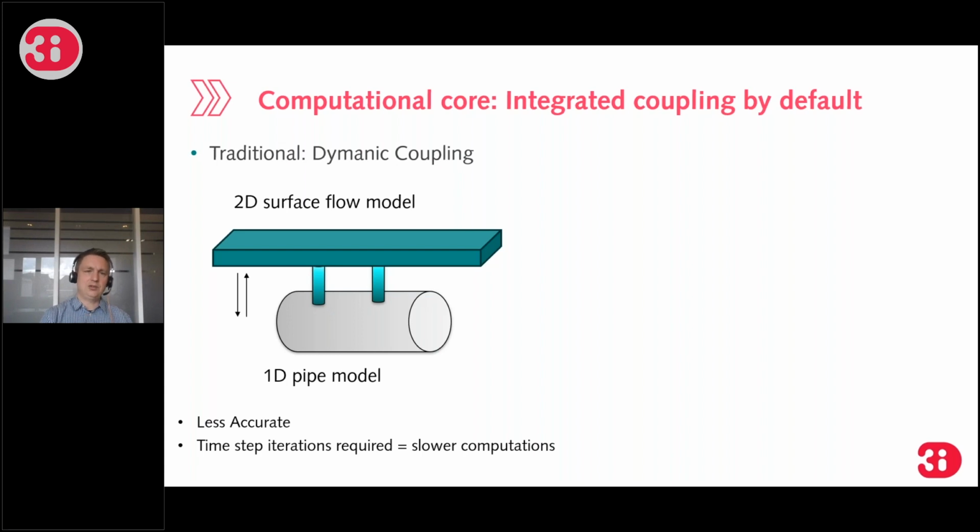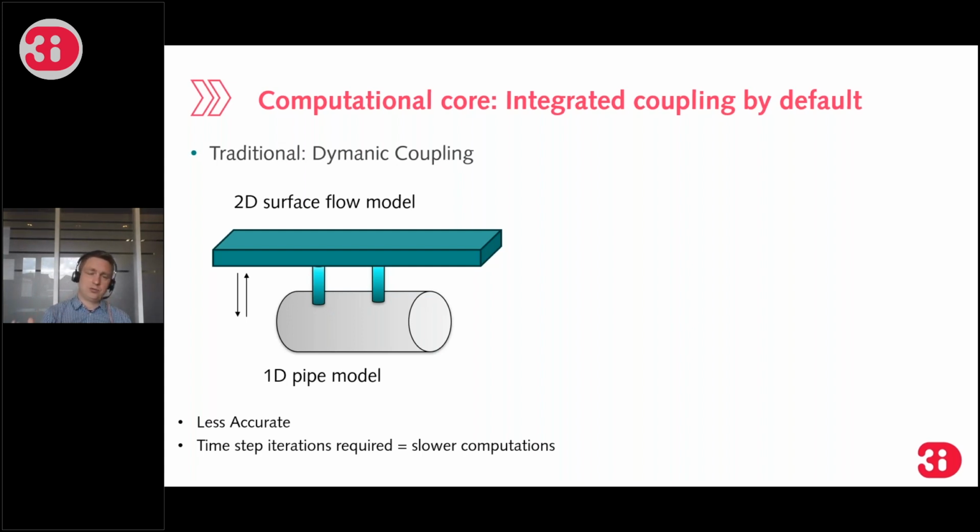What is happening there is that you have a 2D surface flow model where the water is flowing on the streets. You have a 1D pipe model where the water is flowing through the pipes, and they're being connected. And then you have to somehow figure out how to exchange the water between these two models.